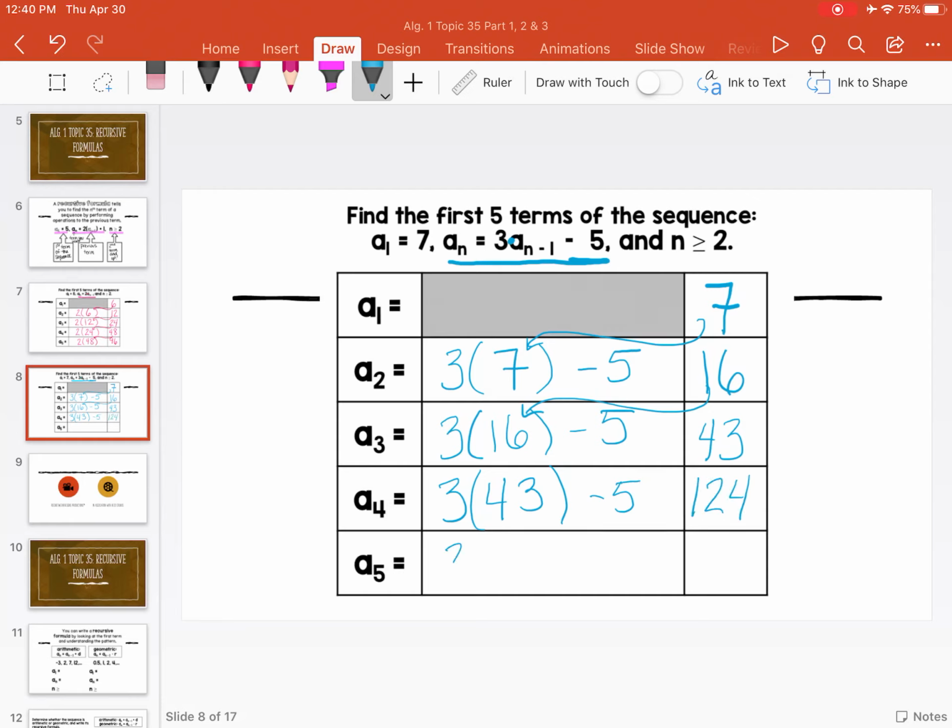And lastly, 3 times 124 gives me 372, minus 5 gives me 367.